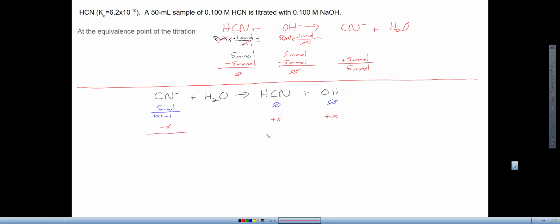But one other thing that's easy to miss. I'm given my Ka for my acid. But now we switched it up. Now we're looking at the base. I can't use Ka when I'm doing a base. Instead, I need Kb. And that's not easy to remember. It doesn't necessarily stand out.